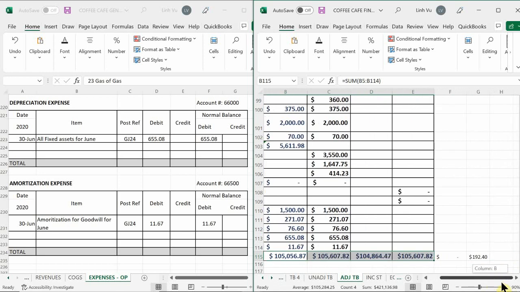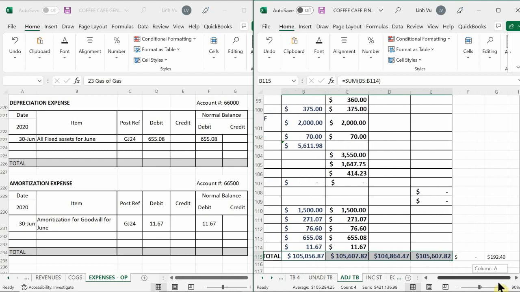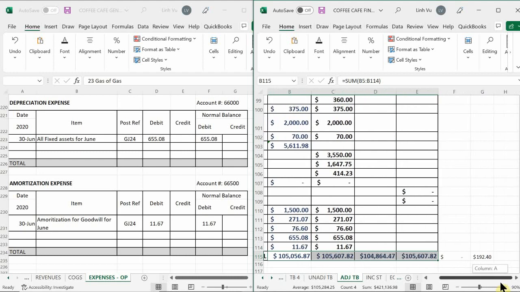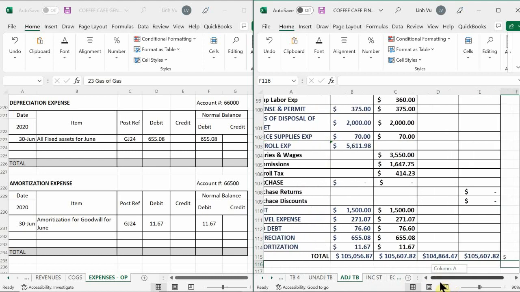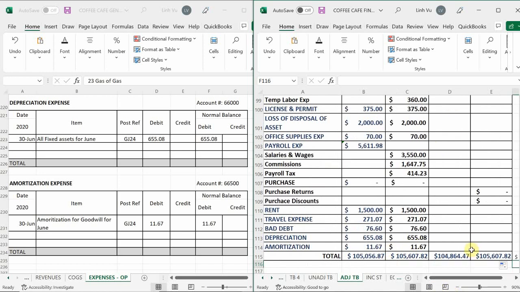And it says here that I am even for the debit accounts, but I'm not even for my main accounts. Oh, I'm off by $192.40 for my credit account, my main account. So I got to figure that out.